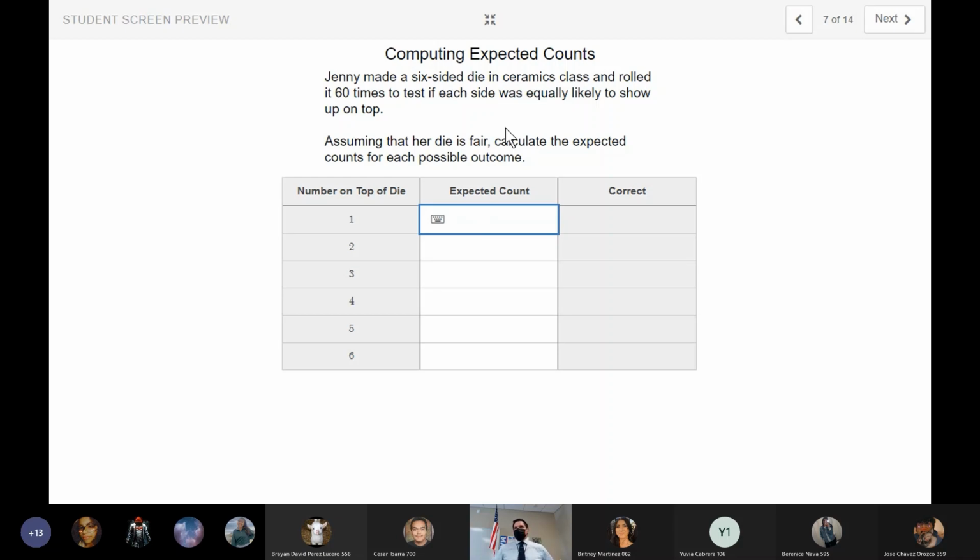We do need that for our calculation. How do we figure out how many times each number shows up? Out of those 60 rolls, how do we determine what the expected count is? What did you do to find it?